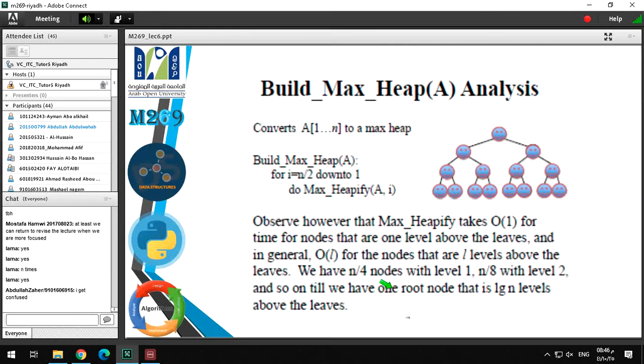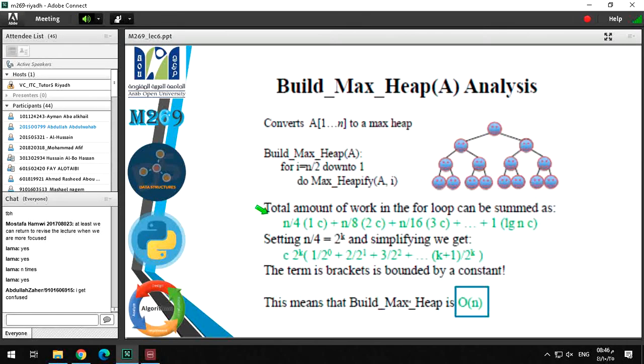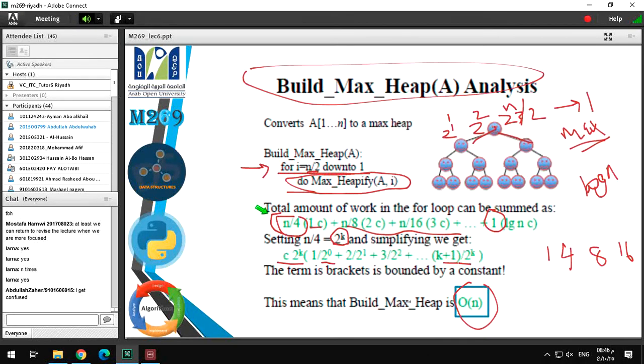That's why we cannot say that the max-heapify takes log n only, because sometimes it reaches up to the leaves. So the total amount is O of n. That's what the mathematical proofs tell us.